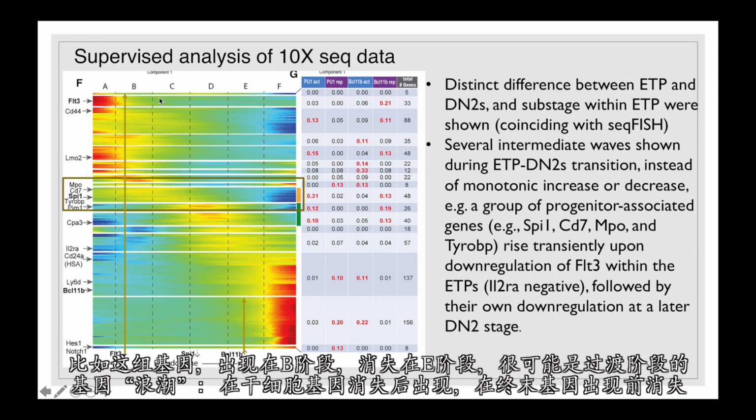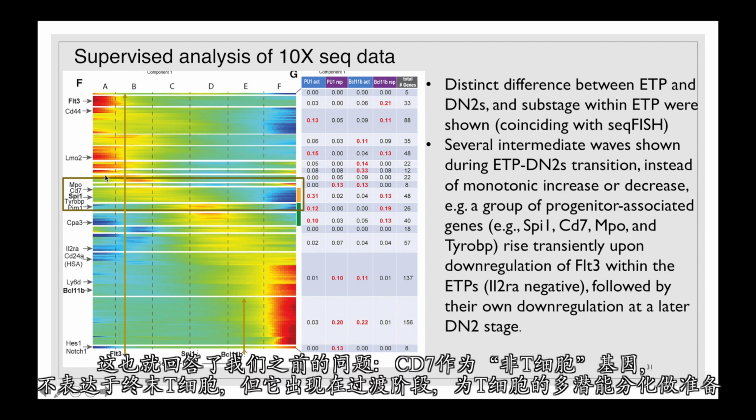They appear after the stem cell genes are revoked and disappear before the end stage appears. This also answers our previous question: the CD7 marker, even though it is not expressed in the end stage of the T cell lineage, which is why we call them non-T cell lineage genes, actually appears during the transition stage and contributes to the priming of the T cell lineage.